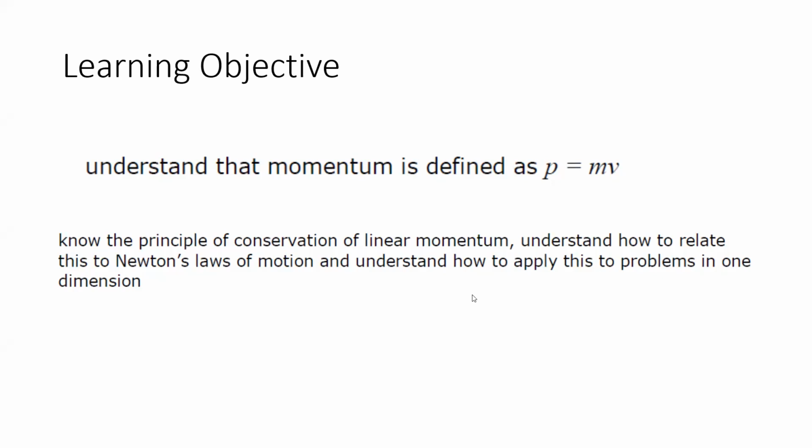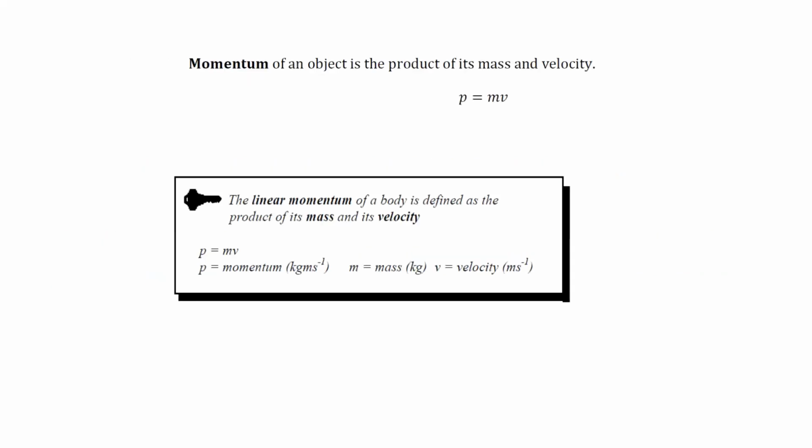So first, how do we define momentum? Momentum is a physical quantity which is defined as the product of mass and velocity. So the mass of an object multiplied by its velocity. We have, say, a 2 kilogram object, and it is moving with a velocity of 5 meter per second. So what is the momentum of this object, or linear momentum?